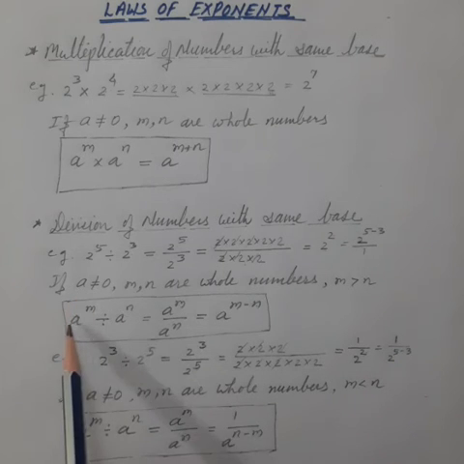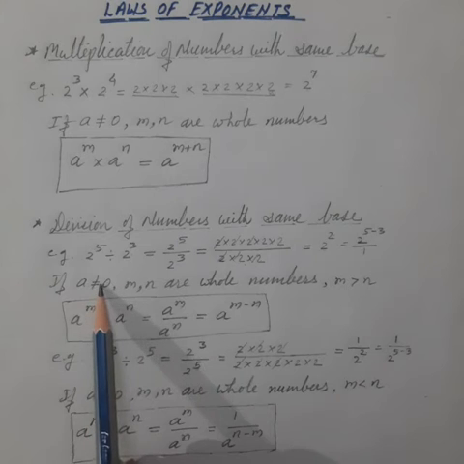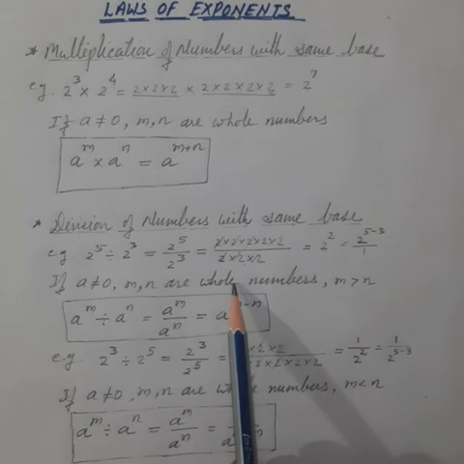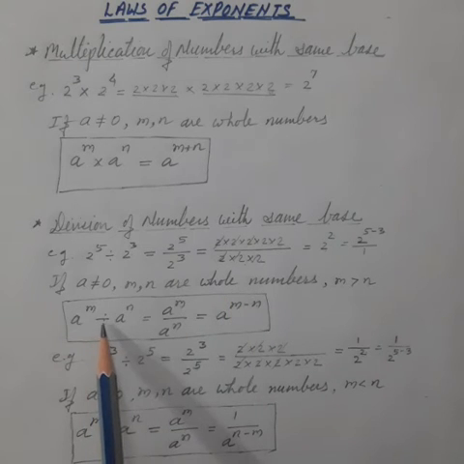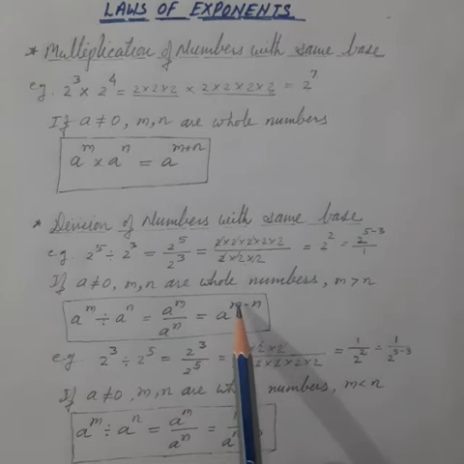If a is the base of two numbers, a is any integer but not equal to 0, and m and n are the powers, whole numbers. So while carrying out the division, write the same base and find out the difference of their powers.